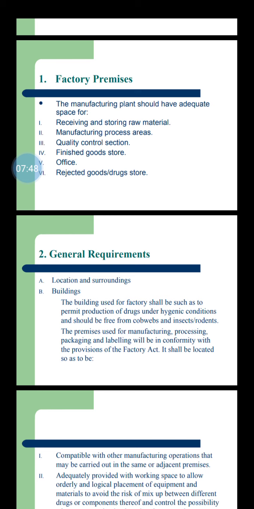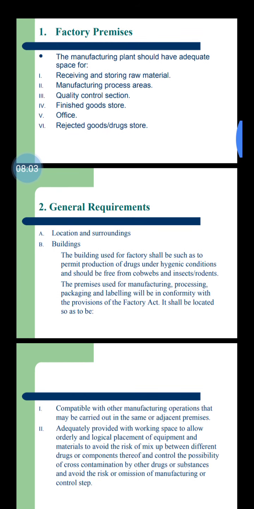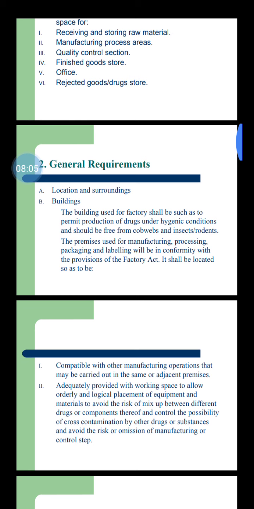The manufacturing plant should have adequate space for receiving and storing raw material, manufacturing process area, quality control section, finished goods store, office, rejected goods and drug store. Then you started general requirements, in that location and surroundings. What is the location and what are the surroundings of the factory.